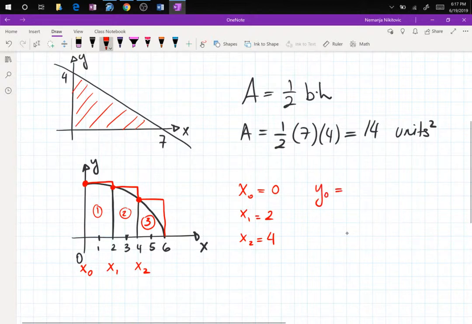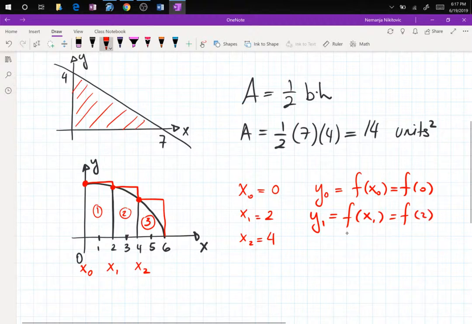Y0 will be the function computed at x0, which is f of 0. Y1 is the function computed at x1, which is f of 2. And finally, y2 is the function computed at x2, which is f of 4.